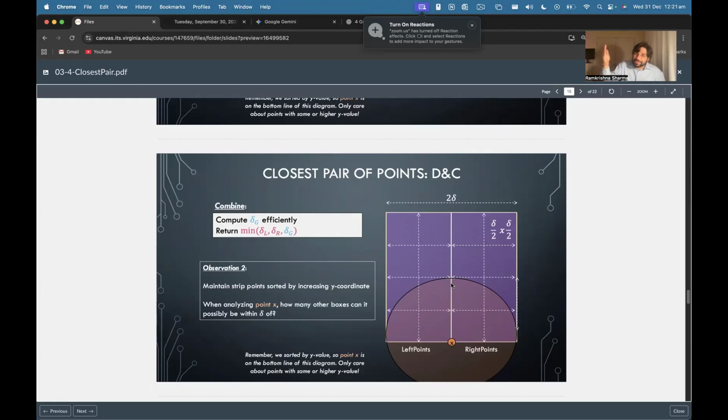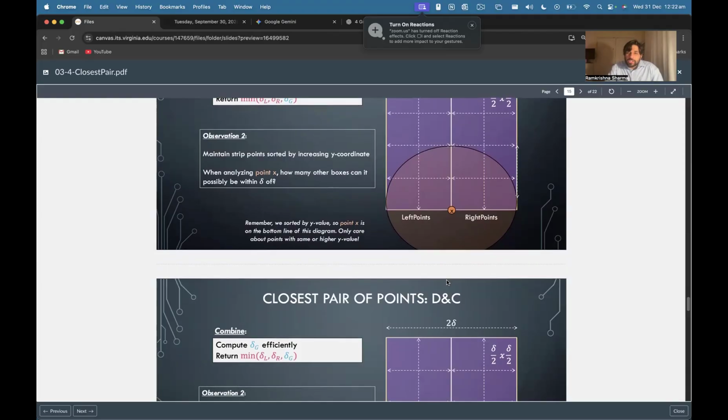I can't surpass delta. I already said points straddling the midline by definition have to be less than delta to be a solution, because delta is coming from the left and the right, and we have to beat those comparisons in order to win. And so delta is our maximum reach. So we've chalked out the maximum we could go here.